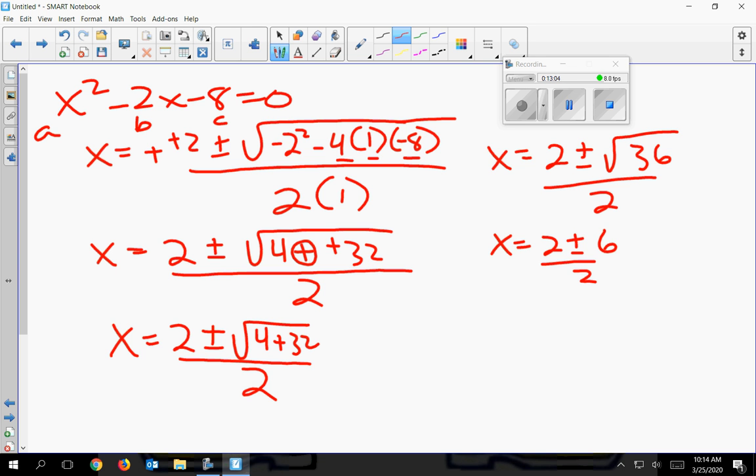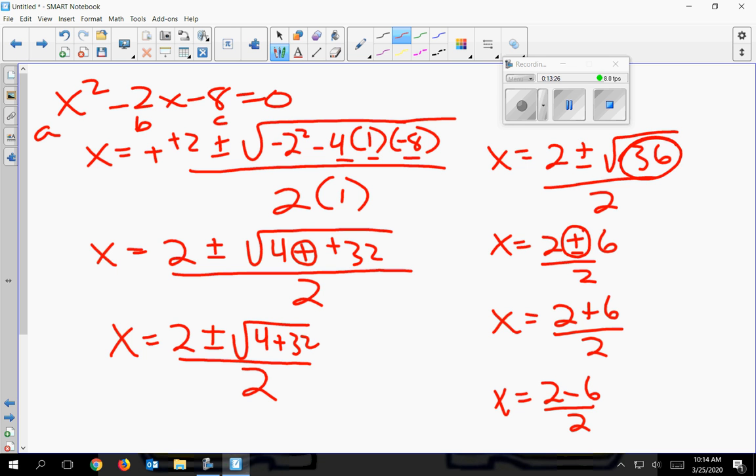x equals, now this little plus or minus sign tells me I get 2 answers, so write it out twice. 2 plus 6 over 2, and x equals 2 minus 6 over 2. This was positive back up here.